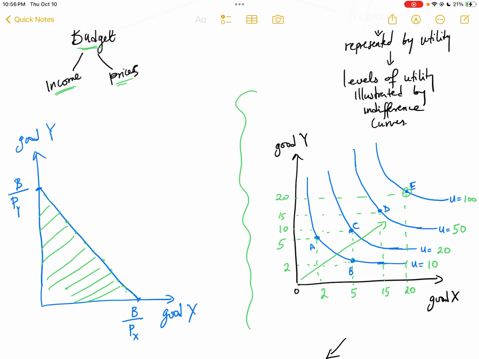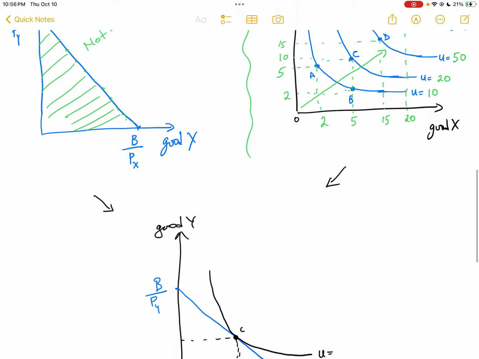See? All right. So we take these ideas of ranking our preferences and our affordability, what we can afford. Mind you, when you look along the budget line, you can't afford anything outside of the blue line. So this is not affordable. All right. So we merge these two prongs right here.